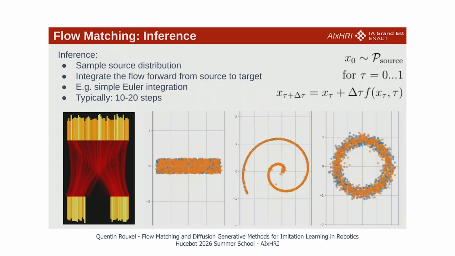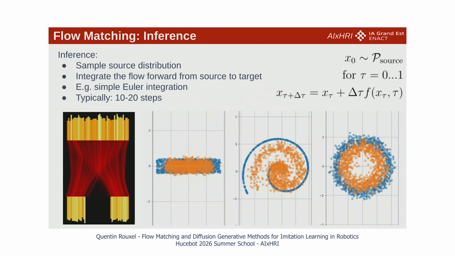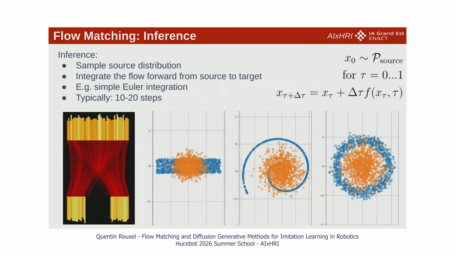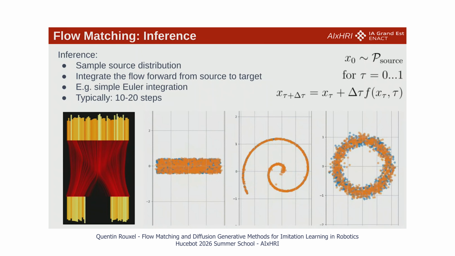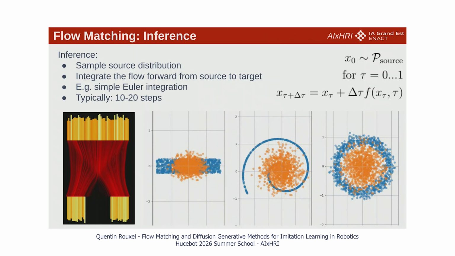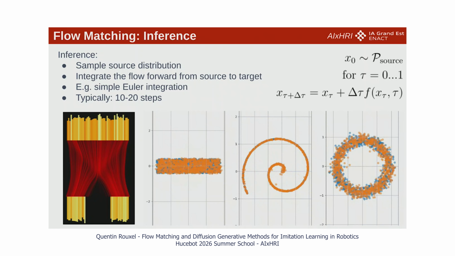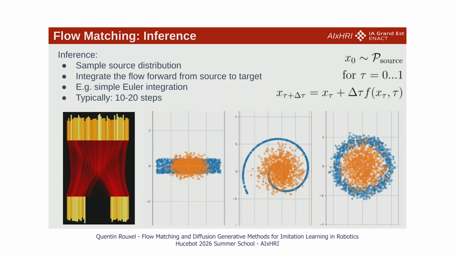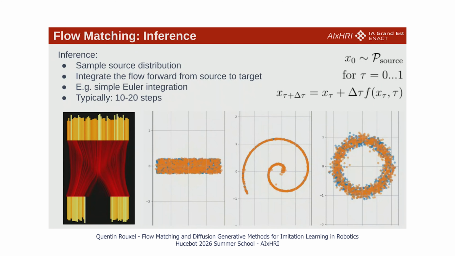Usually, with flow matching, we can discretize this integration of the flow with 10 to 20 steps, and it's enough, while diffusion requires around 100 steps to work well. You see this example of morphing between different distributions. You can experiment with that this afternoon during the tutorial.